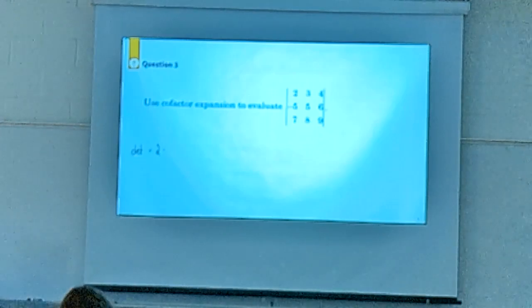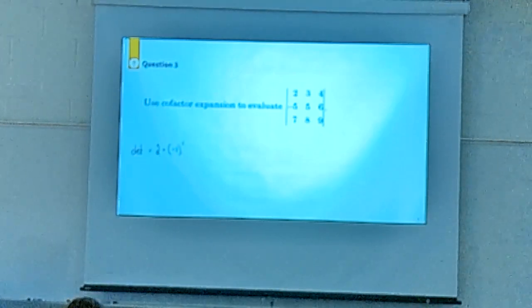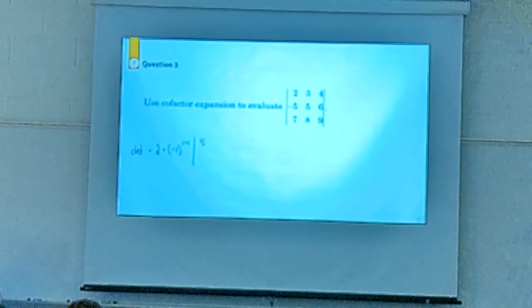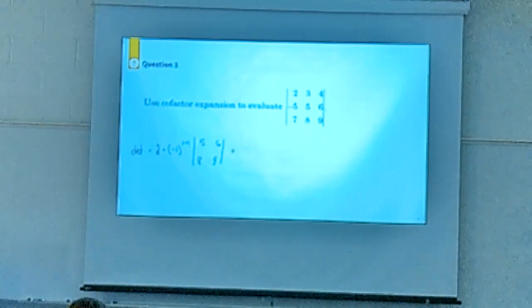One entry times -1 to the 1 plus 1 times the determinant 5, 6, 8, 9, plus 3 times -1. That is the 1, 2 entry.